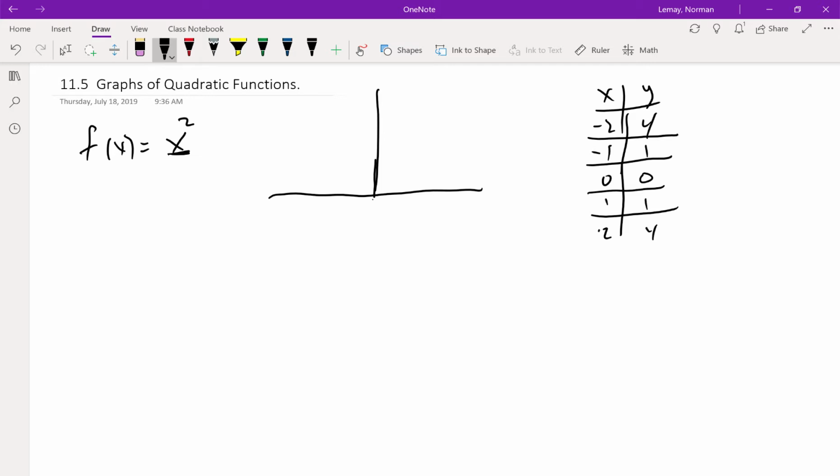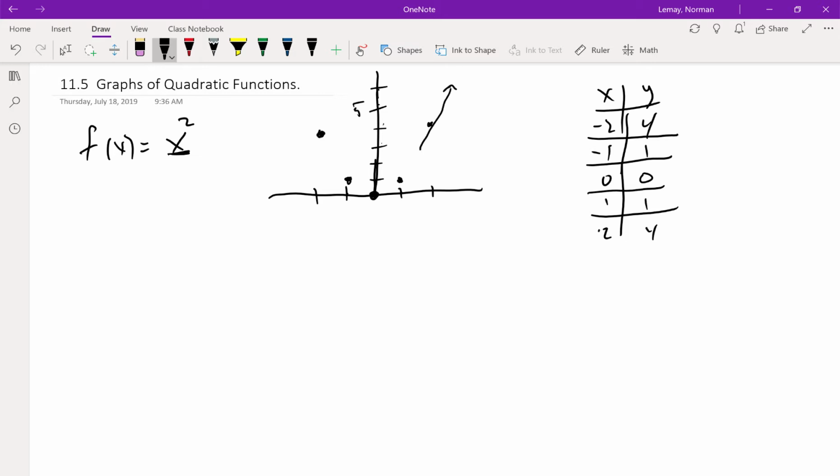So at 0 we get 0, and at 1 we get 1, at -1 we get 1, and at 2 we get 4, and at -2 we also get 4.